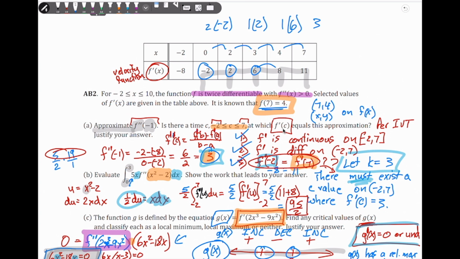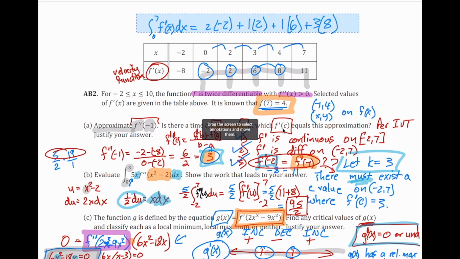This one has a y value of 8, because again, we're doing left Riemann sums. We are adding these 4 subintervals together, and this shows the area underneath the curve from 0 to 7 of f prime of x dx. That's what all of this shows.